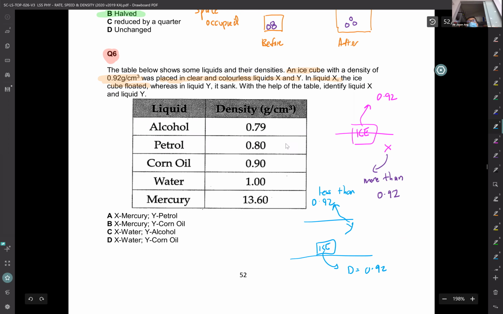Understand what I'm doing? So now let's check. They say that X is mercury. X, mercury, must be more than 0.92, which is okay. Y is petrol. Petrol is 0.80. And is 0.80 considered to be less than 0.92?